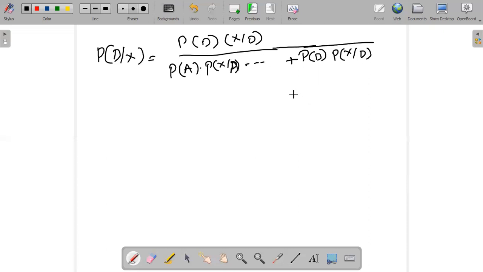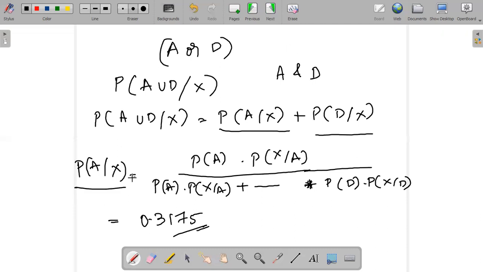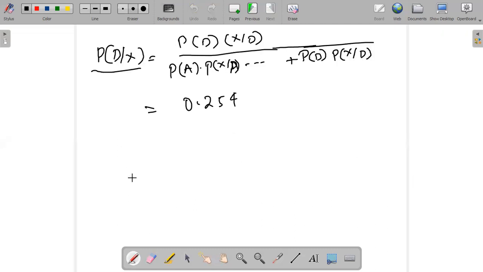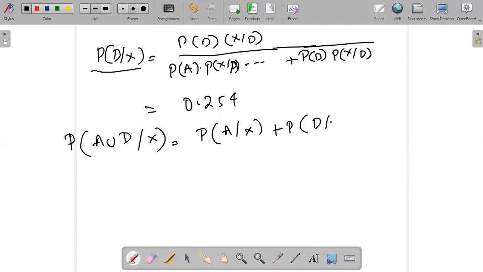After simplifying this, you get 0.254. So we got P of D given X, and also P of A given X. Now P of A union D given X is P of A given X plus P of D given X, which is 0.3175 plus 0.254, so 0.575.